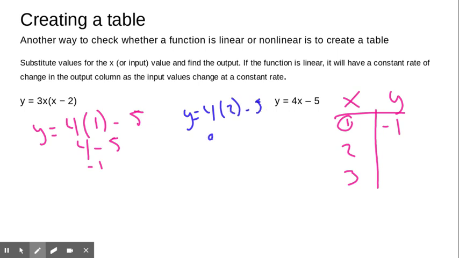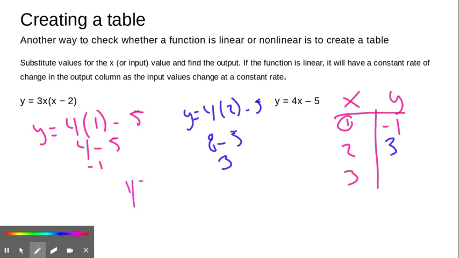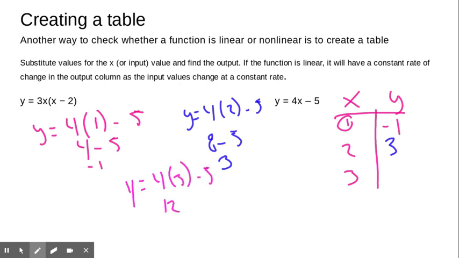So that would be 8 minus 5, which would give me 3. And my last one, when I plug in the 3, that would be y equals 4 times 3 minus 5. 4 times 3 is 12 minus 5, which gives me 7.